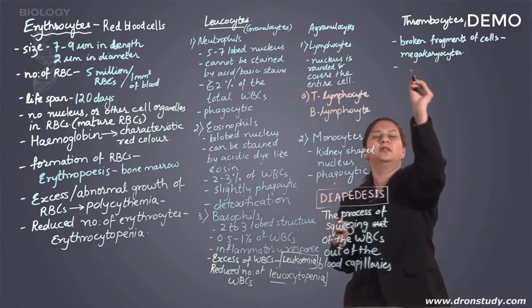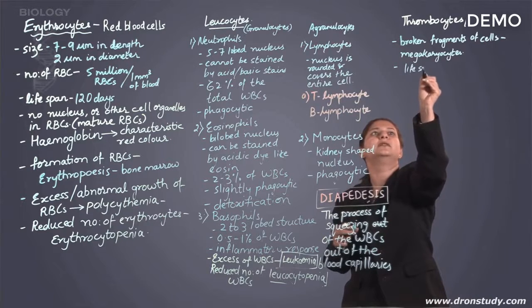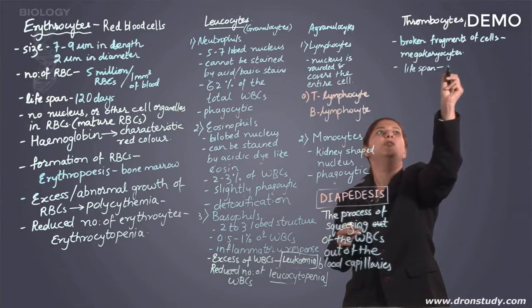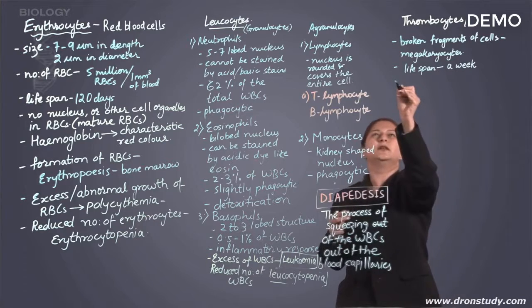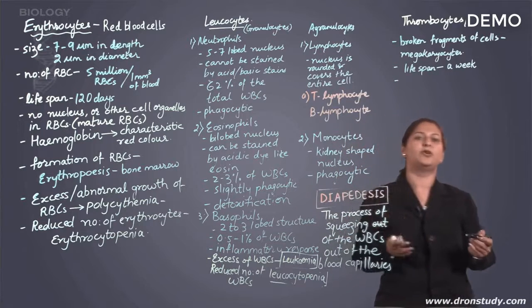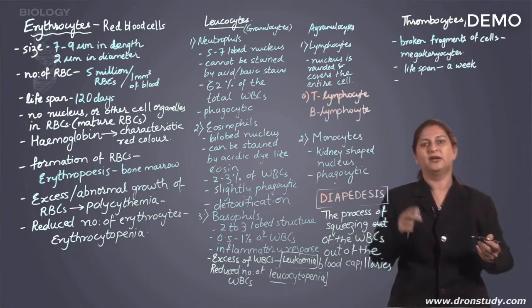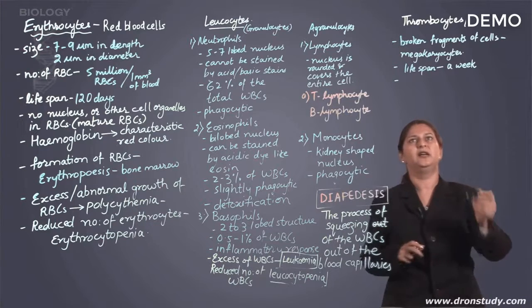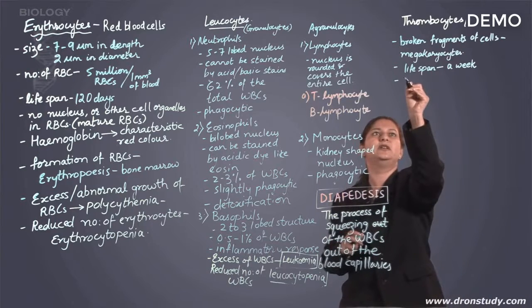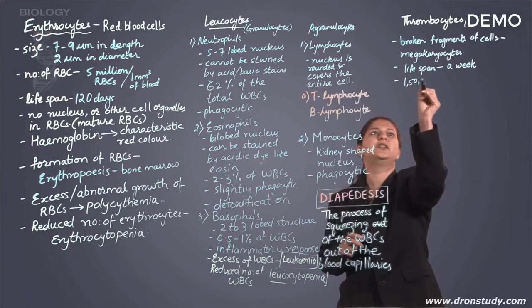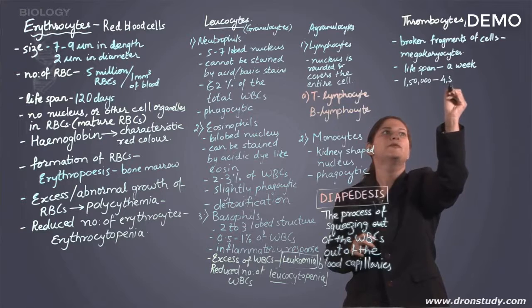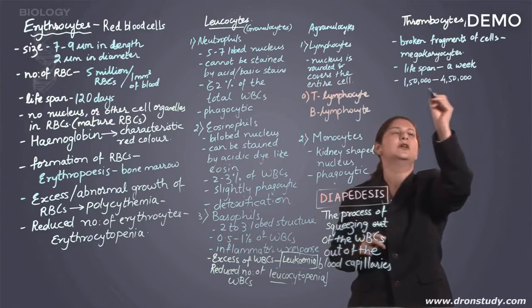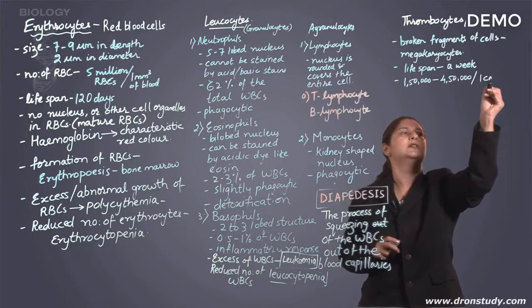Now their lifespan is about a week, and the number of thrombocytes that we should have in 1 cubic mm of blood is anywhere between 1,50,000 to 4,50,000 per cubic mm.